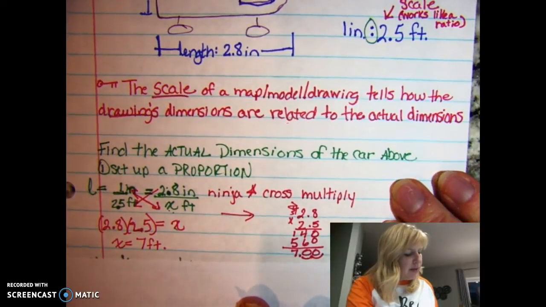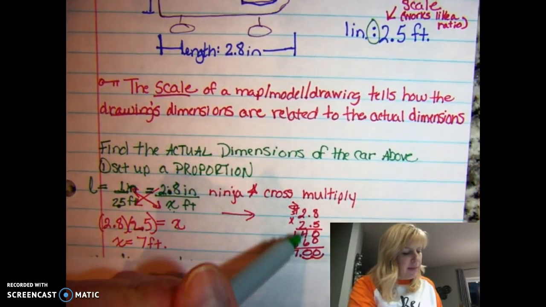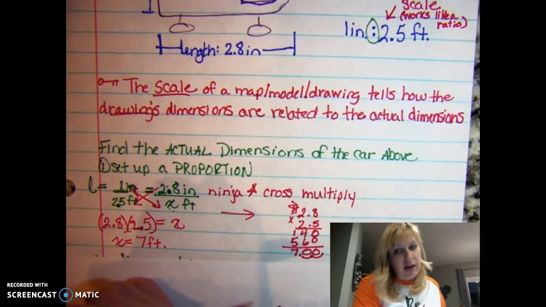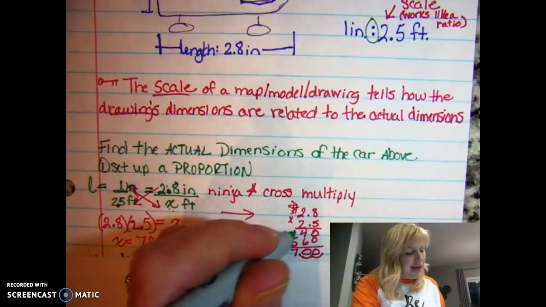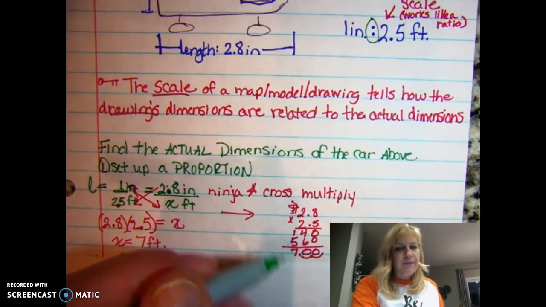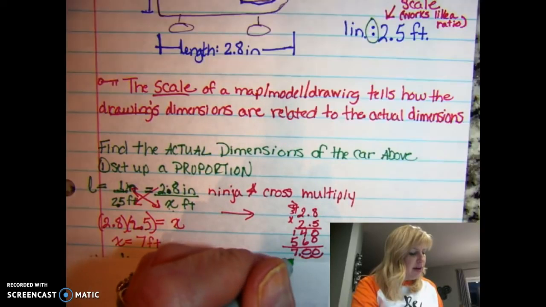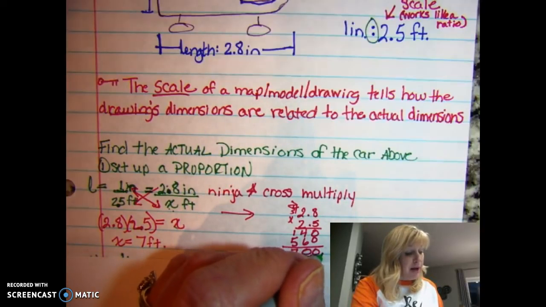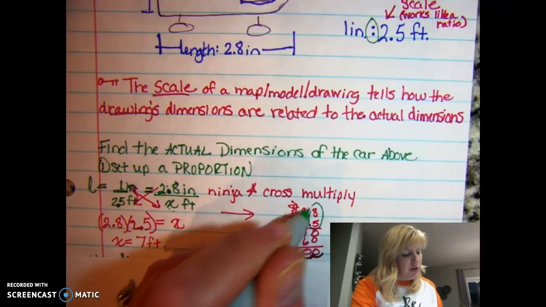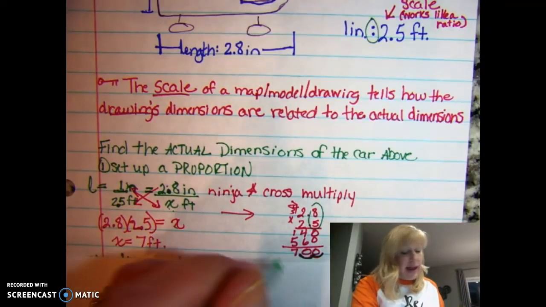And I've already gone through the process. You can check me on my math here, because we all know sometimes Mrs. McKinley makes errors when I try to talk and do math. So I did 2.8 times 2.5. Here's my arithmetic. And I came down with a 7, well actually 700, but I had to swoop over 2 times because there are 2 total numbers after the decimal.